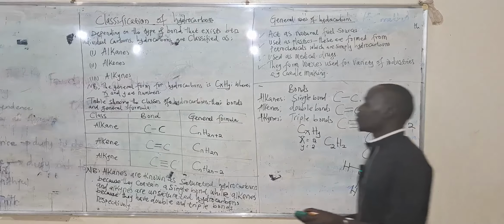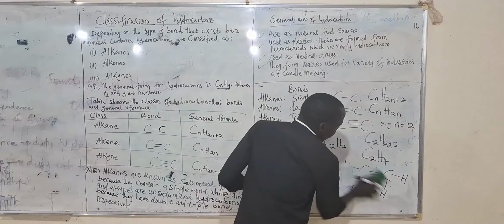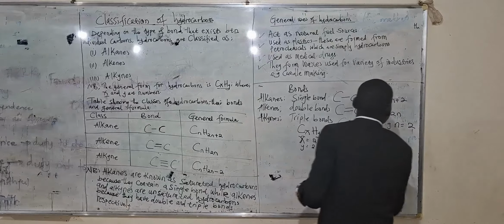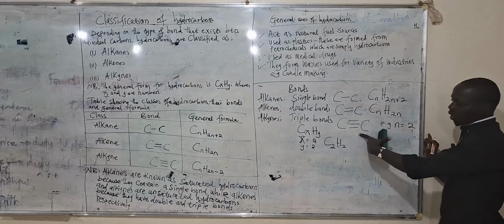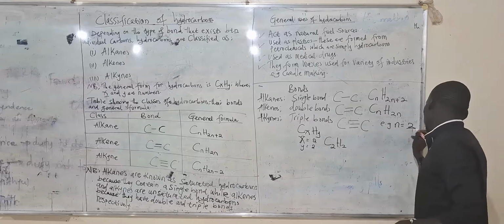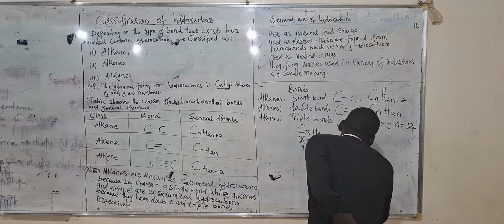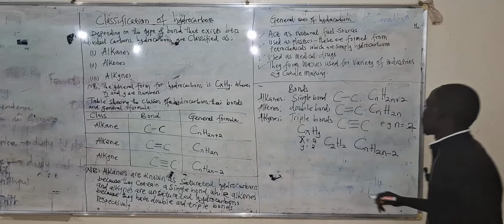Now let's come for what? Let's come for alkyne, and see how best we can do it also, assuming you're given n to be any number. So for the one with the triple bond, let's say we are given n to be 2 also. Then the general formula is simply CnH2n minus 2.